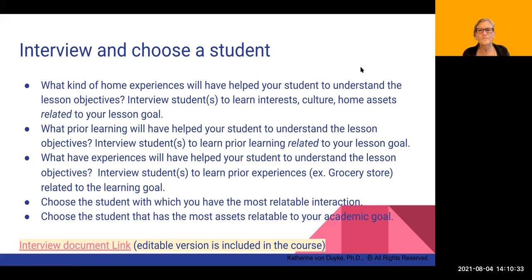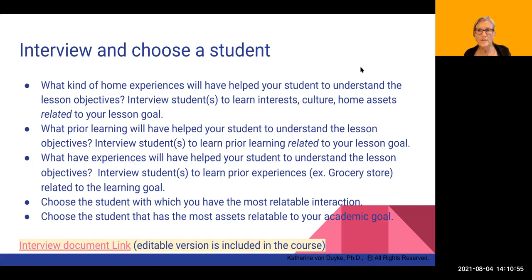Secondly, what prior learning or learning experiences has your student had that will help them understand the lesson? One way to find that out, by the way, is as you're laying out your lesson material, you can ask your student, where have you seen this before? Where have you had an experience that relates to this?